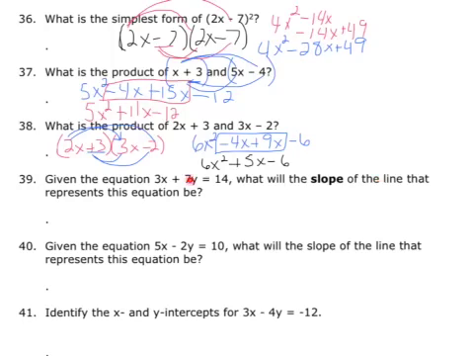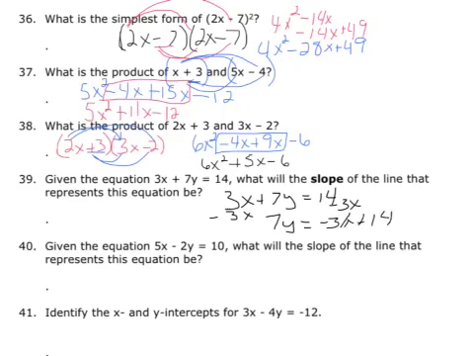So we need to rewrite this where the y is by itself. 3x plus 7y equals 14. We are going to move the x's. 7y equals negative 3x plus 14. Okay. And then we are going to divide everything by 7.